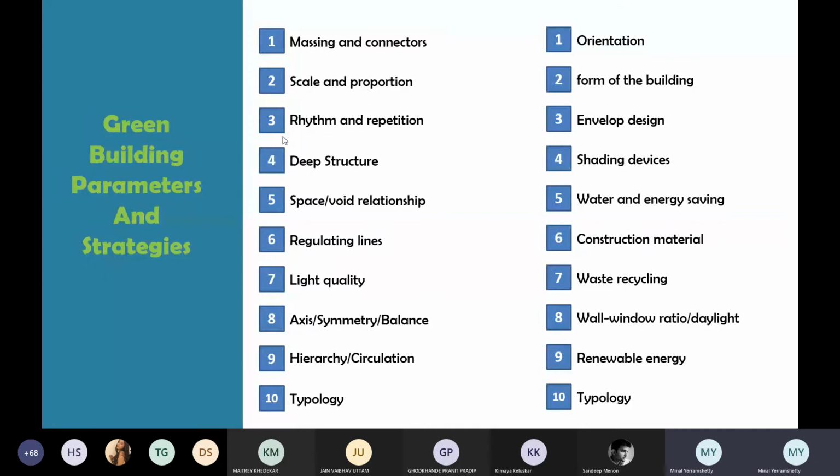So this on the left hand side are some of the things you learn in TOD. These are some of the things that you learn as a design principle. While on the right hand side is what we talk about as ecological targets, where we say that yes, I have my design intentions very clear, and this is how I'm going to plan my building, where one of them is rhythm and repetition, or say regulating lines, which is what Fallingwater is.